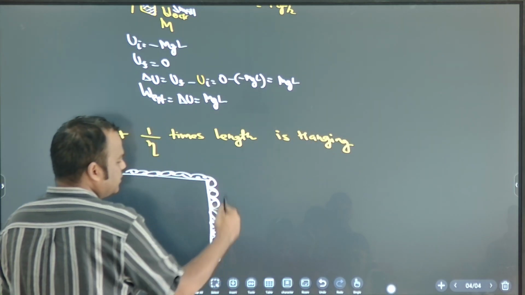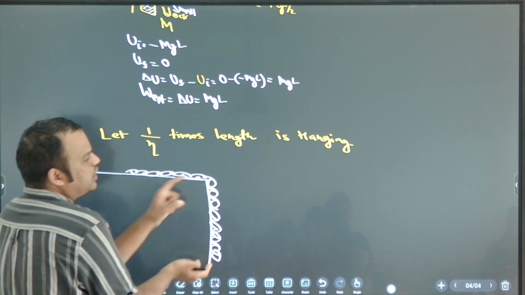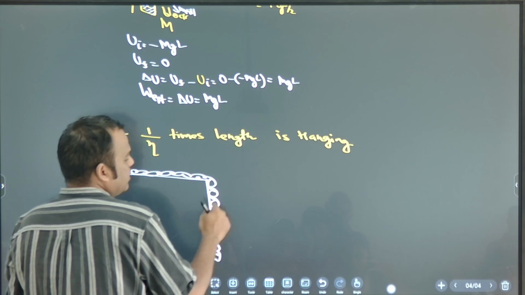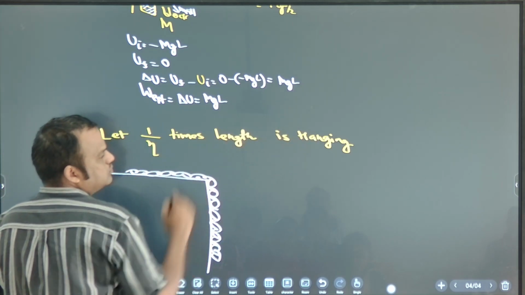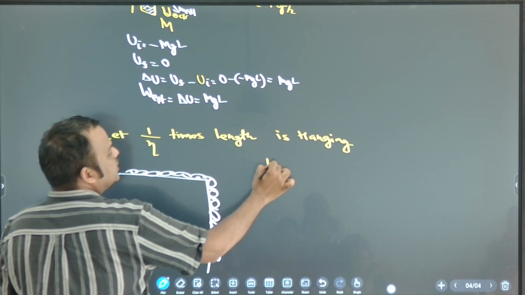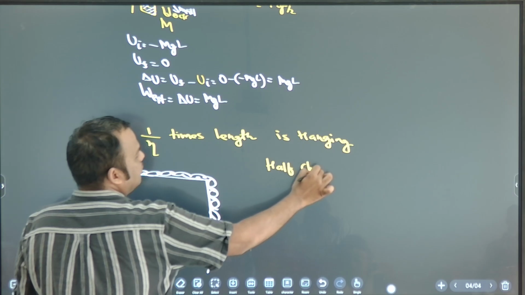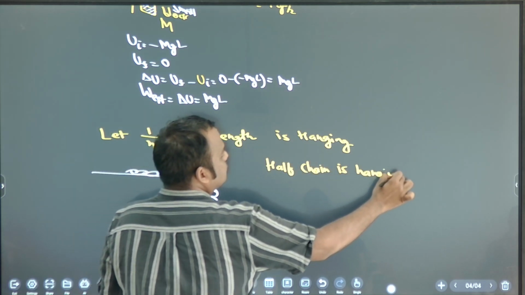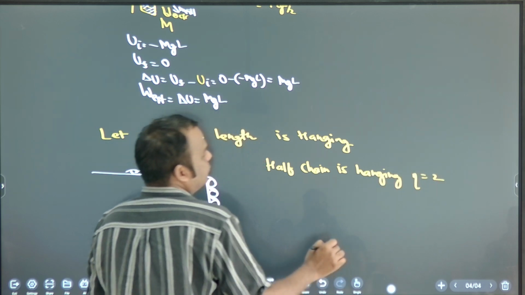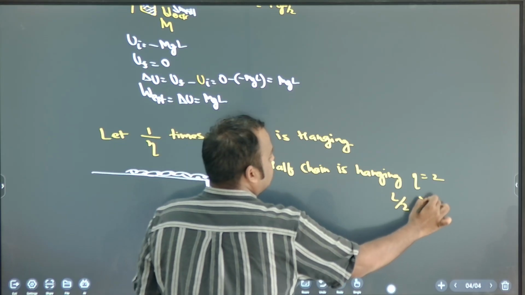So what is the length of the hanging part? Suppose half the chain is hanging. So what is eta? 2. That means L by 2 is hanging.